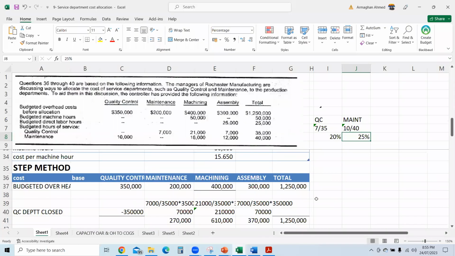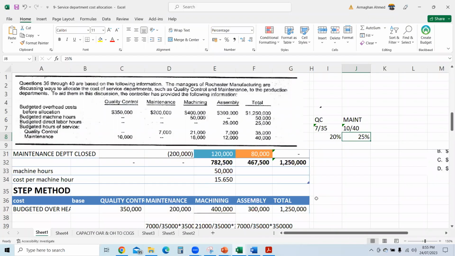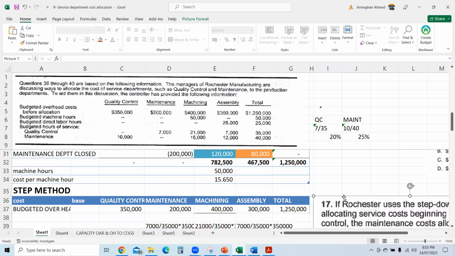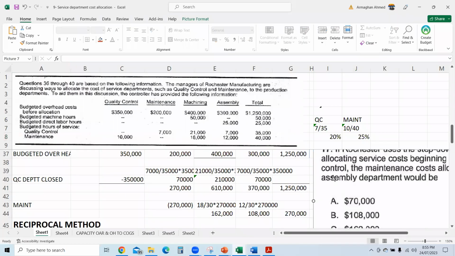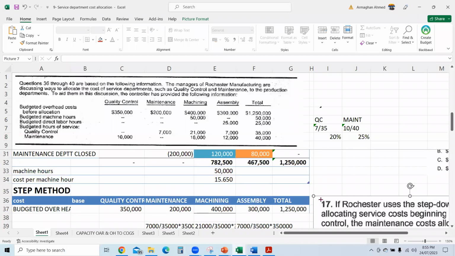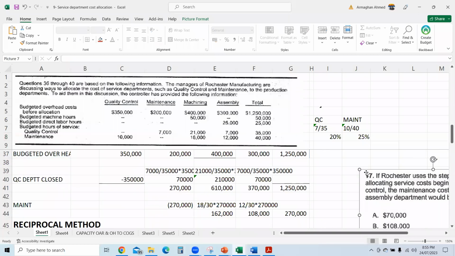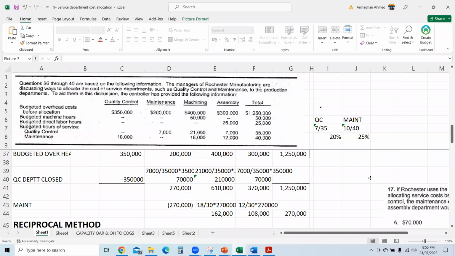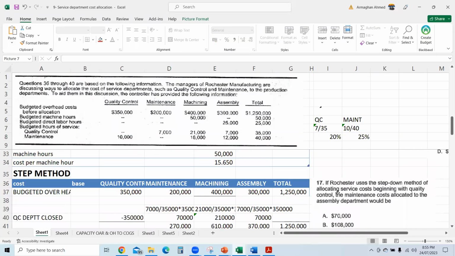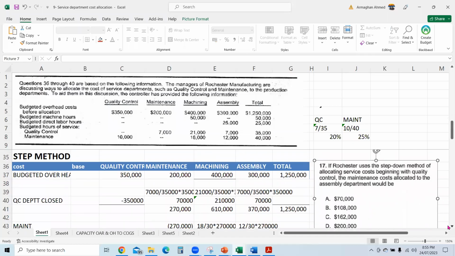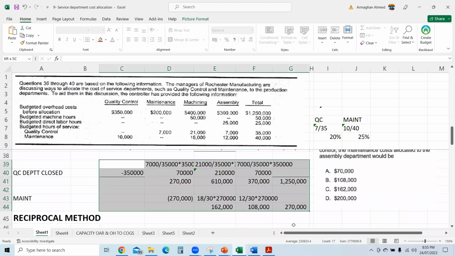So we are doing the step method. Let's erase all this data and we will do it our way.